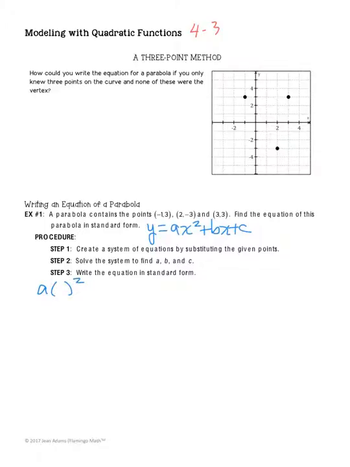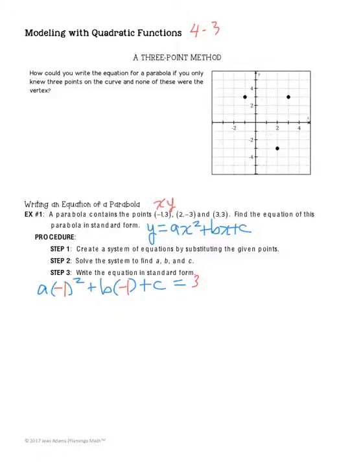So first thing we're going to do is we are going to start with a, and we're going to plug in for x squared and plug in for x, and I always put y on the right, and you should too. So then I'm going to sub in this for x, the -1, and this for my y, the +3. And then you're just going to multiply it out.